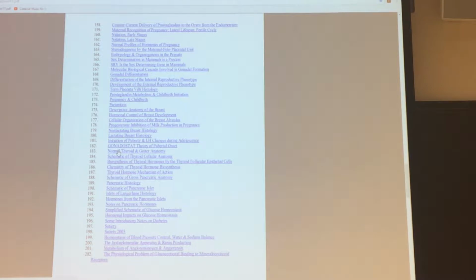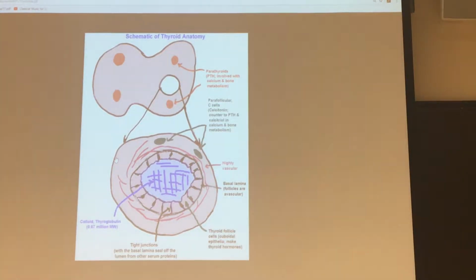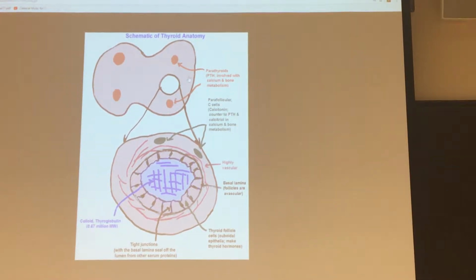Now, part of the reason why I wanted to go back to these is there are a few ideas in here that are not expressed perhaps as well, or expressed differently, in that PowerPoint slide presentation. In the case of the thyroid anatomy, this picture may do a better job of showing you the embedded parathyroid gland, usually a couple of them on either side in primates.